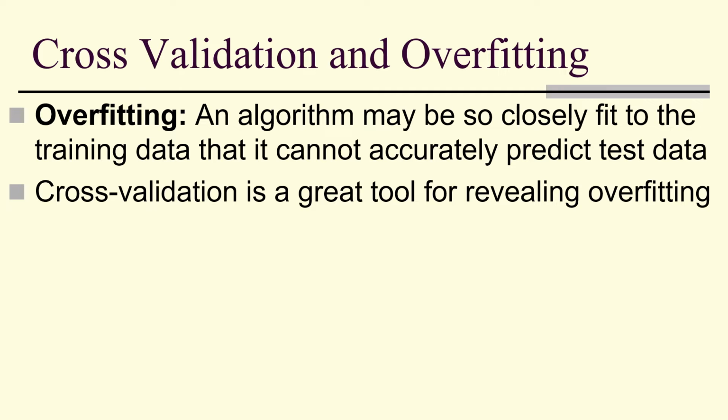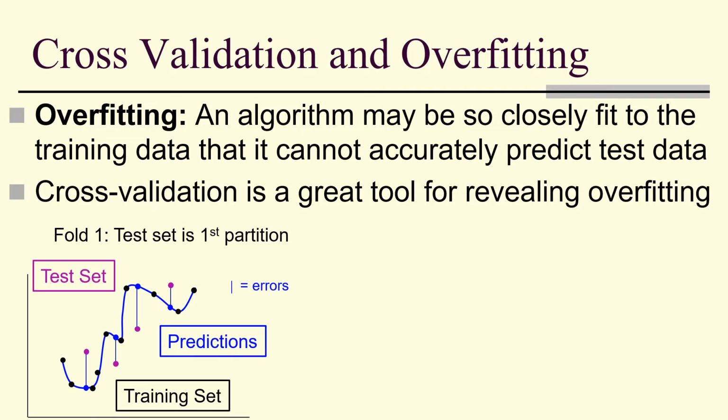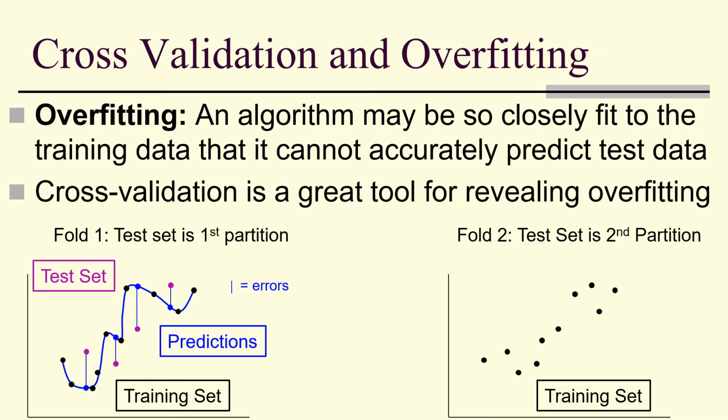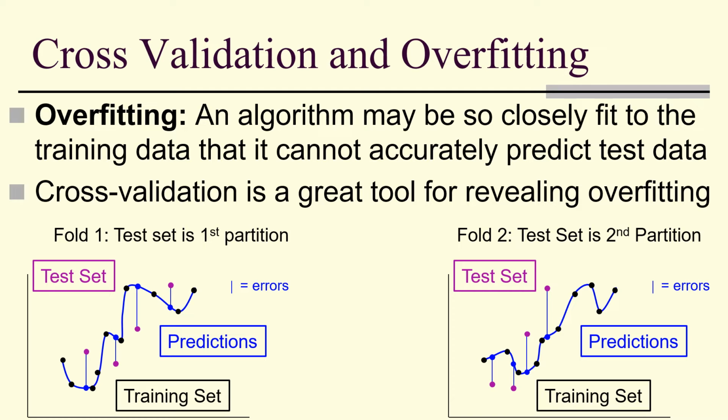Cross-validation is a great tool for revealing overfitting. So for instance, here we have the first fold of some n-fold cross-validation, and the second fold is the same data, but it's a different test set. That means we do the same process again, look at the test set, and we get predictions, and again they're fairly horrible.